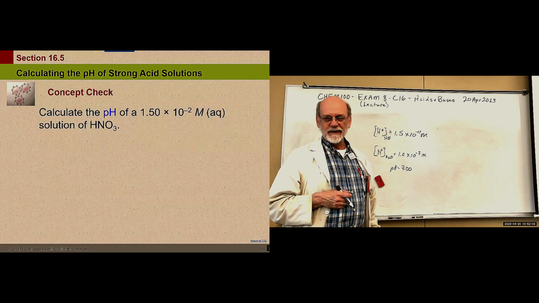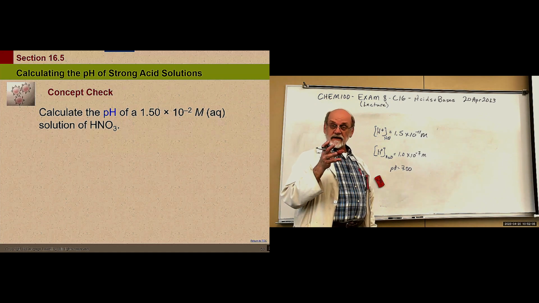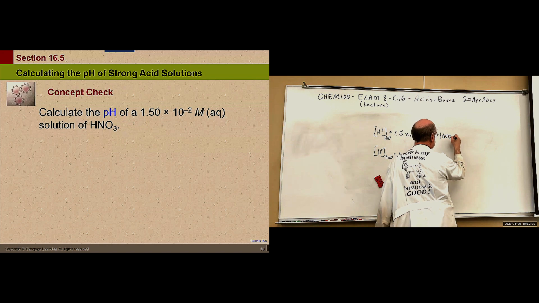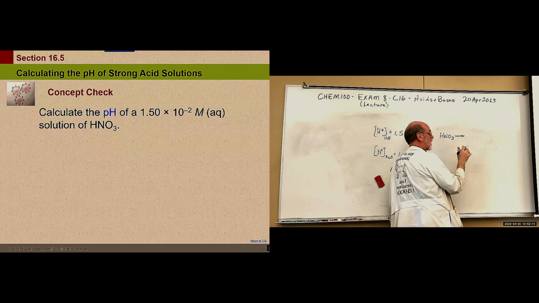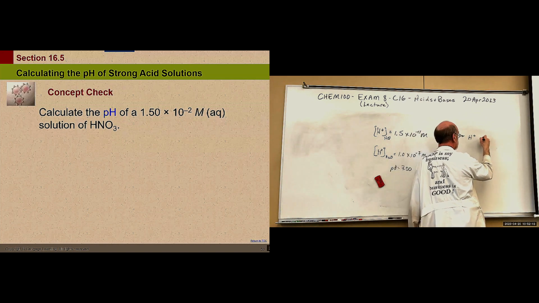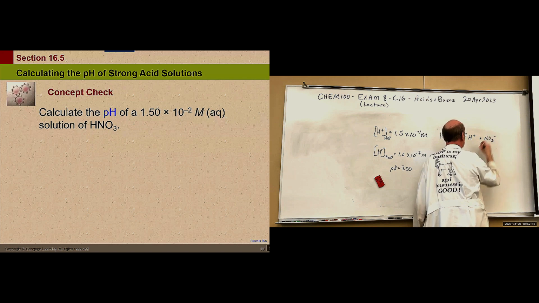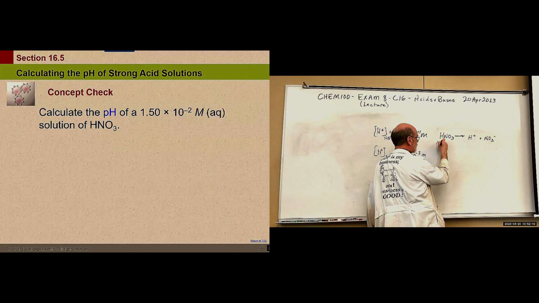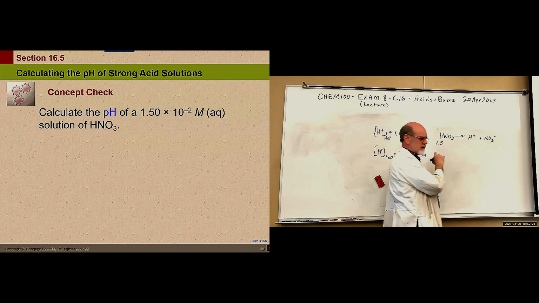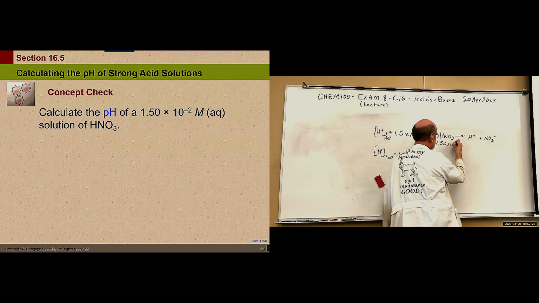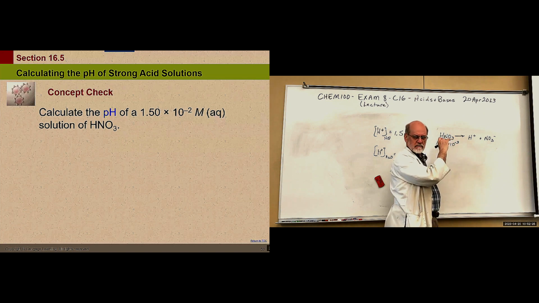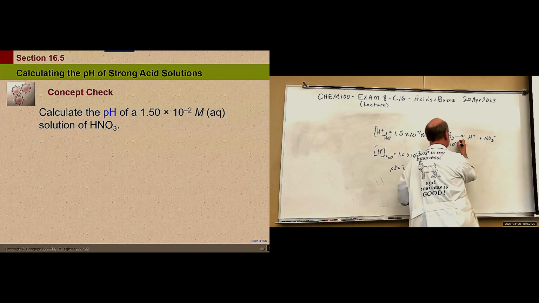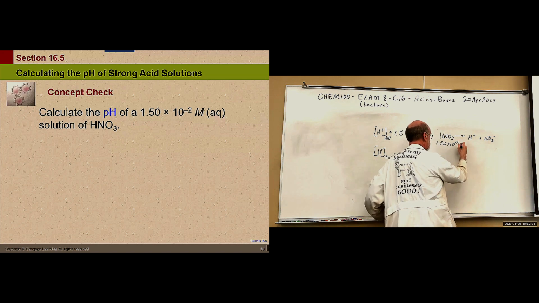How about this one? HNO3. What does this one do in water? It's a strong acid, so it's going to produce this plus this. And if this concentration is 1.50 times 10 to the minus, oops, my mistake, 2 molar.